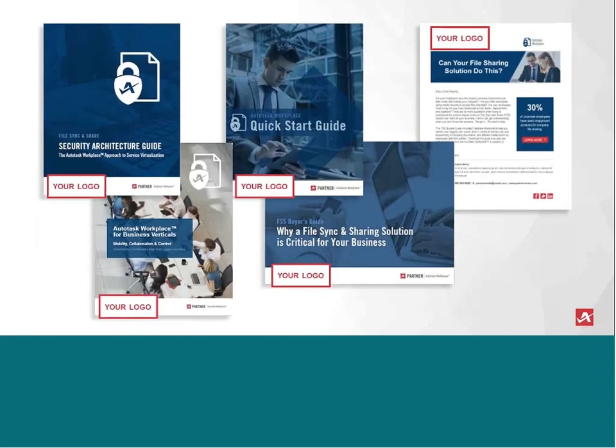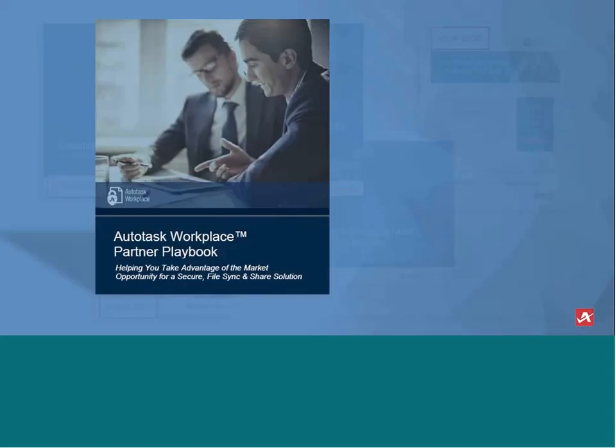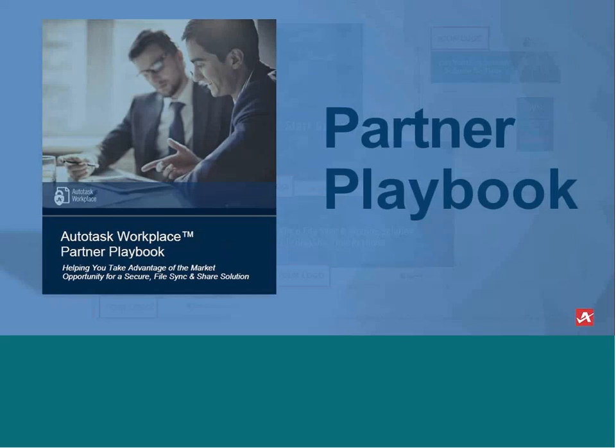And all of it, along with these great pieces of collateral, are all co-brandable with your logo, your company, and contact information. I believe that a consistent co-branding experience is really important for our partners, so you can go to market and feel confident in not only the collateral and the content that you're presenting, but that Autotask is there behind you as your partner. So hopefully you're all either using those or have at least seen them.